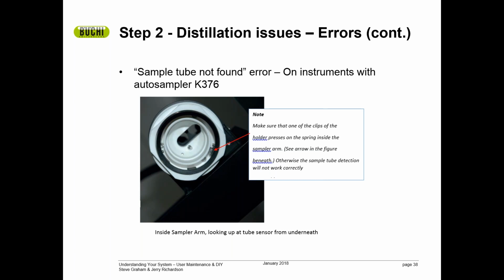In fact, it is in the operation manual as a routine maintenance part. But the key here is to make sure that you get one of the spring members on that sensor spring that is depicted by the red arrow in this picture. Be sure to get it right there and you'll be good.